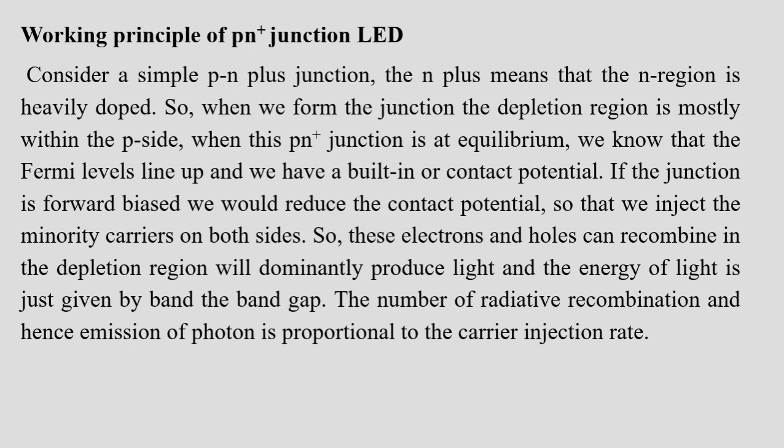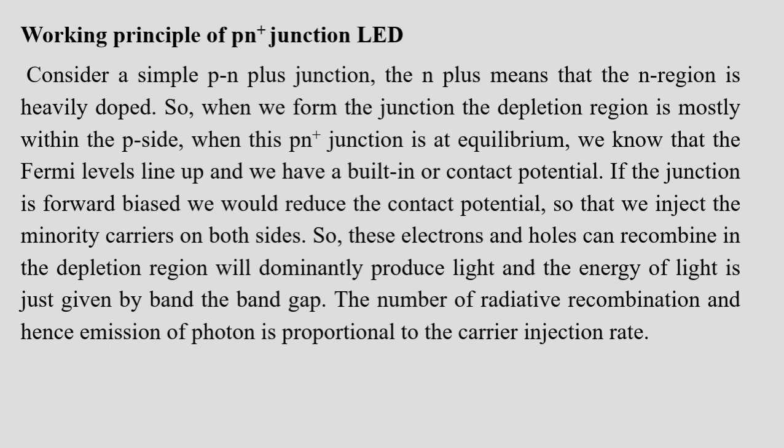When we form the junction, the depletion region is mostly on the P side. When we make a junction of the same material, the overall band gap is the same.